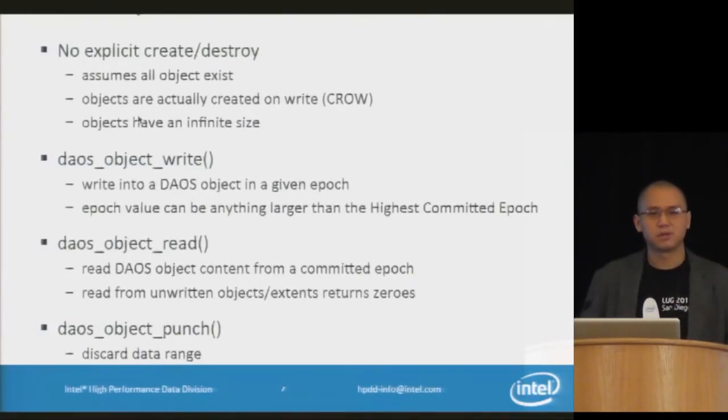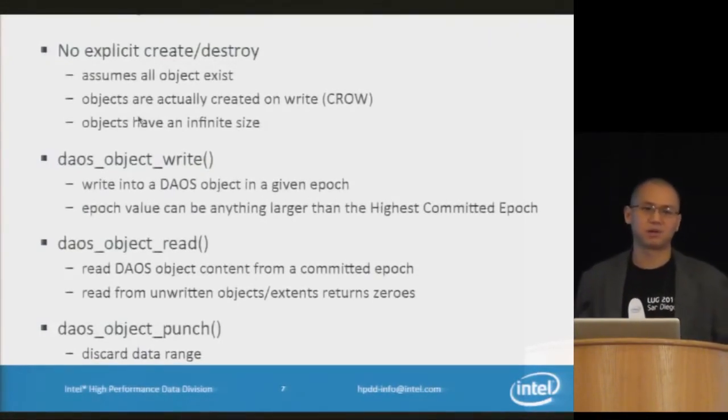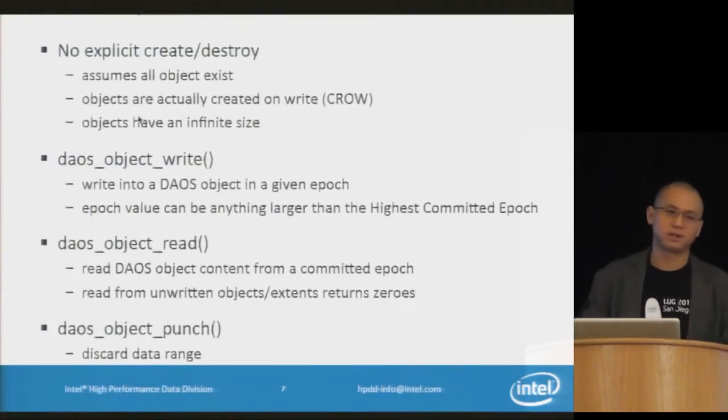Before the user can use an object for I/O operations, they need to open the object. The first thing they need to provide is a container handle, then the object ID, so DAOS can identify which object. Also, the user can hint the I/O pattern, so DAOS knows how this object is going to be locally cached. All these object read and write calls are quite straightforward.